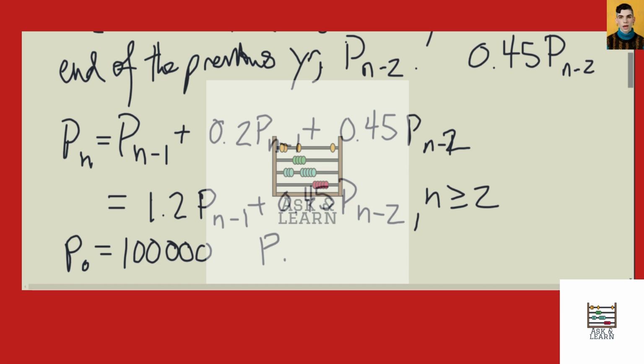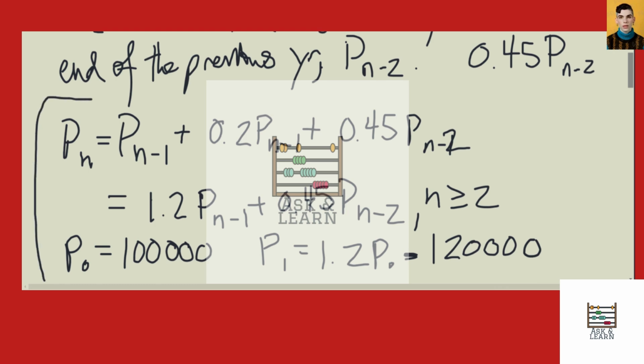So P1 is simply going to be the initial deposit, P0, plus 20% of P0, which is 1.2 times P0, or 120,000. And so this is our recurrence relation with initial conditions.